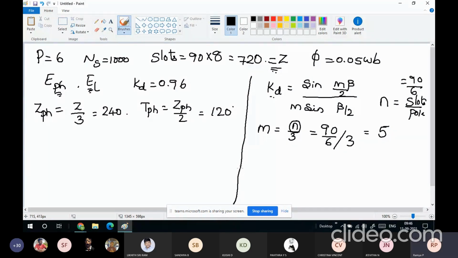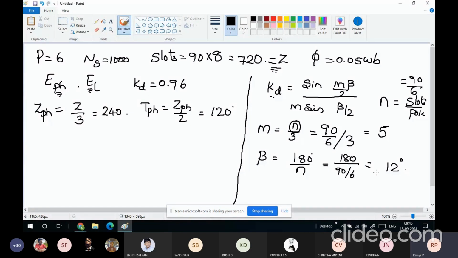Now, using the formula for beta, what is beta? Beta is nothing but 180 degrees divided by n. N is the slots per pole, which is 90 divided by 6. When I do this, I get beta as 12 degrees, the angle of the slots that we are going to maintain.